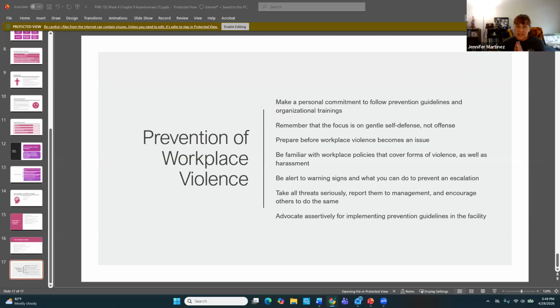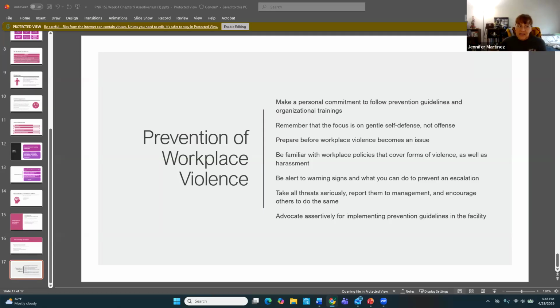This is one of the biggest things. It doesn't matter how big or how small it is, report them to management. Because the majority of the time that there has been an incident, there have been signs that something was about to happen. Some people have reported them and they have gone unnoticed, but reporting these things is going to be really important.